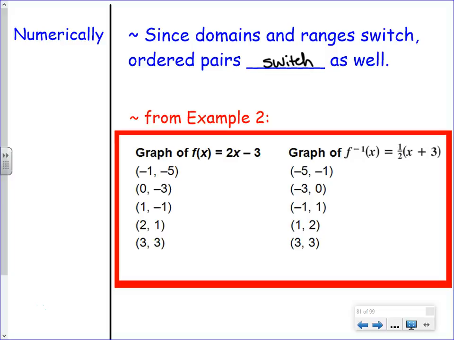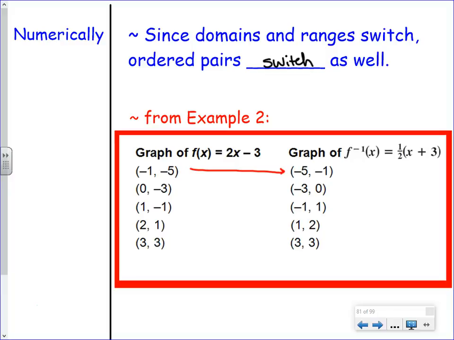They are inverses, and what do we notice about their points? What was the x is now the y, right? Or I should say, what was the x is now the y, and what was the y is now the x. So every single point is going to be switched, which is why we have this reflection across the y equals x, because literally the y's and x's flipped.